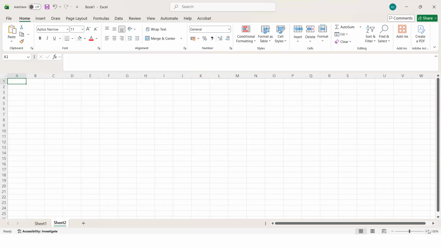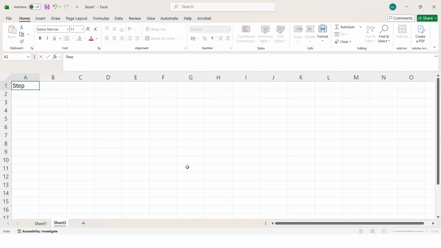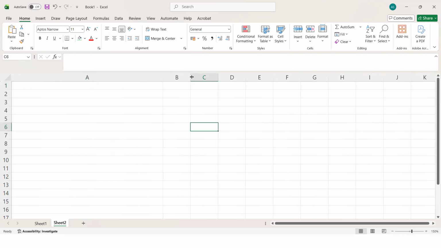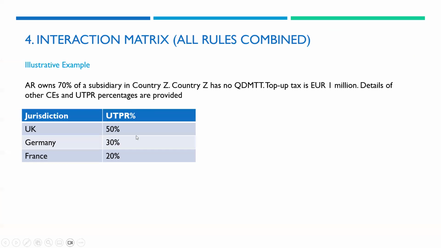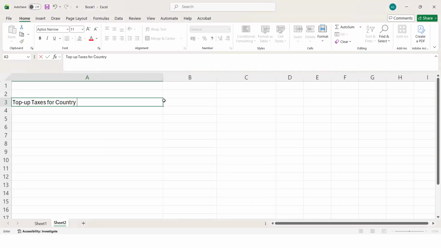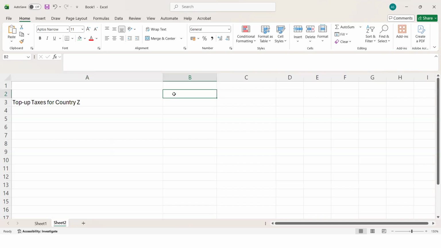I'll just open one more sheet. What is step one? Step one is what is the top up taxes?